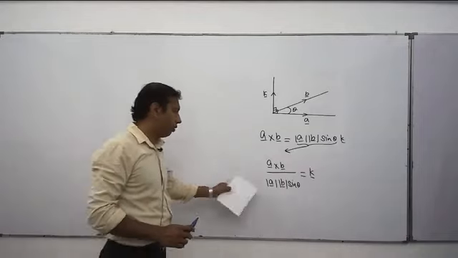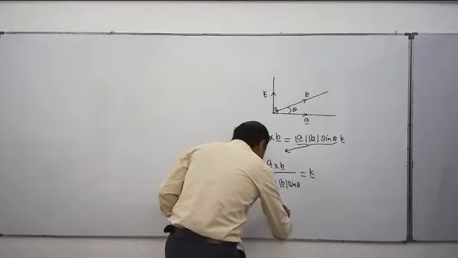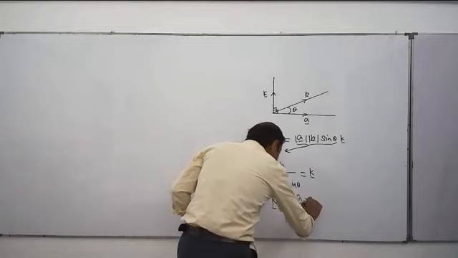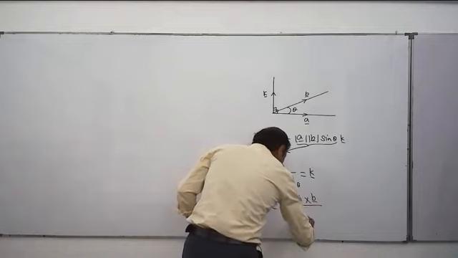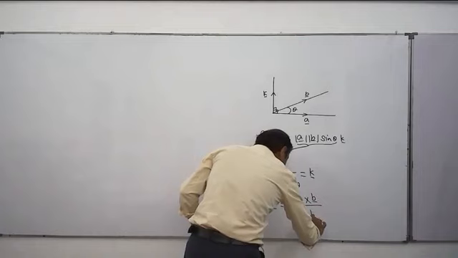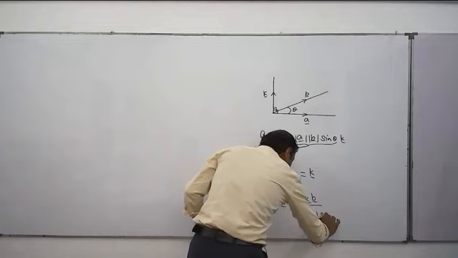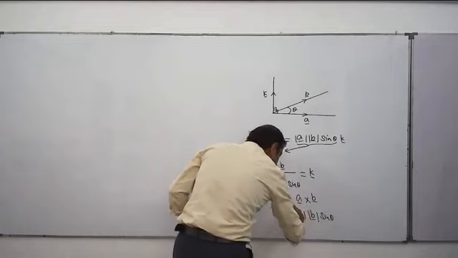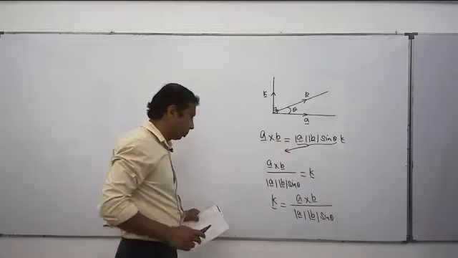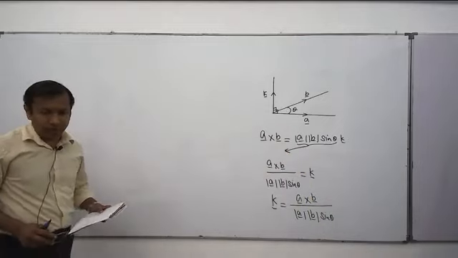So you can write K equals A cross B divided by mod A mod B sin theta. Right. Okay.